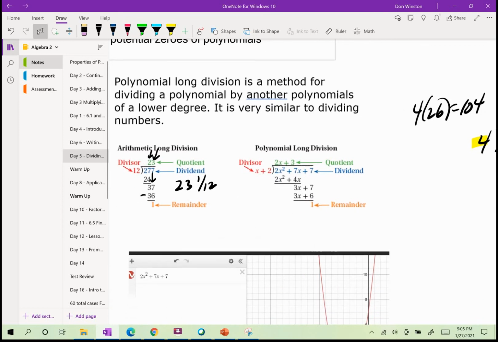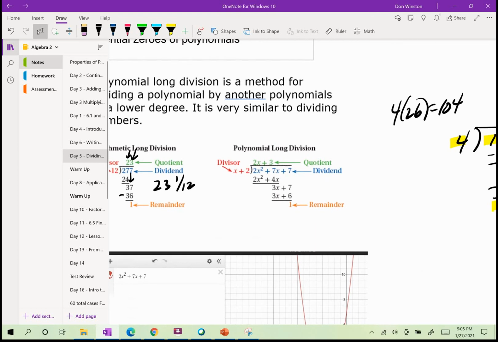polynomials, the process is the same, except now we're dividing polynomials. Here, I'm taking the dividend as 2x squared plus 7x plus 7, and I'm going to divide that by x plus 2. So we only look at the leading terms, 2x squared and x, when we do long division of polynomials.